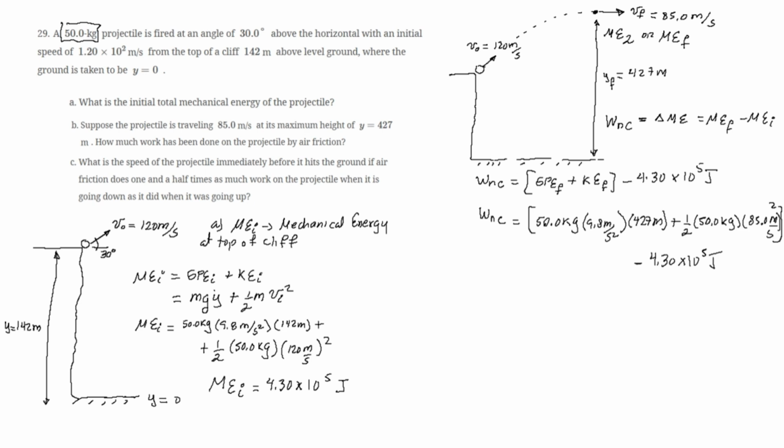When you do those calculations, the mechanical energy final is 3.90 times 10 to the 5th joules, minus 4.30 times 10 to the 5th joules.